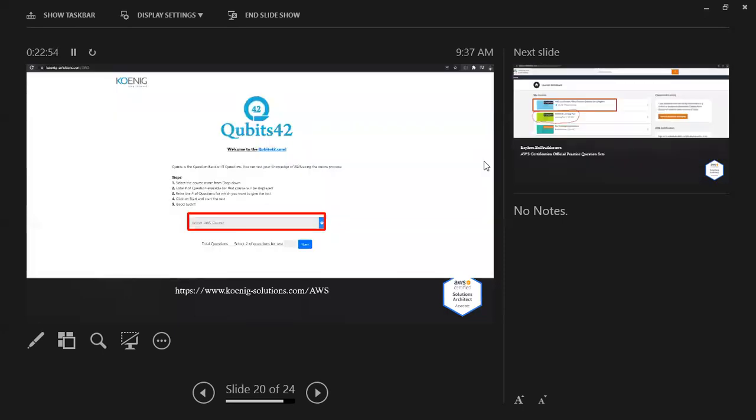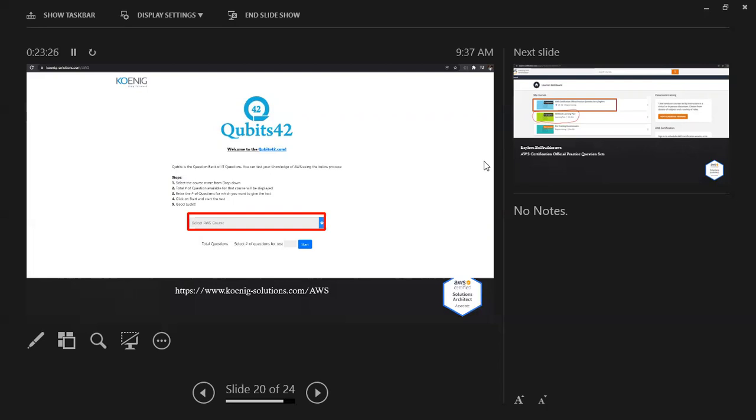The first one is Qubit 42. Guys, there is a bank of exam questions on this site, not just AWS, not just Architect Associate, other exams as well. You have access to like 200 questions with explanations here. So guys, reach out to this site and check out the questions.